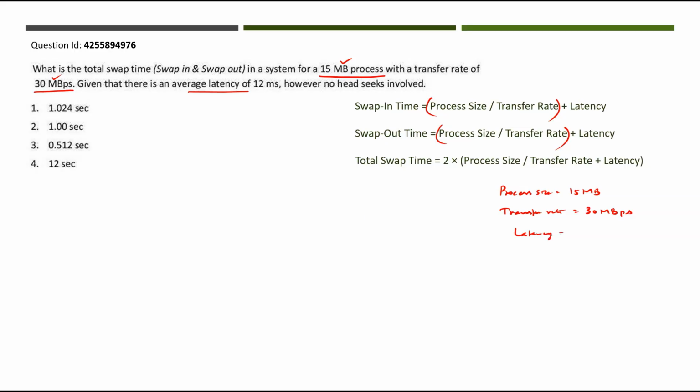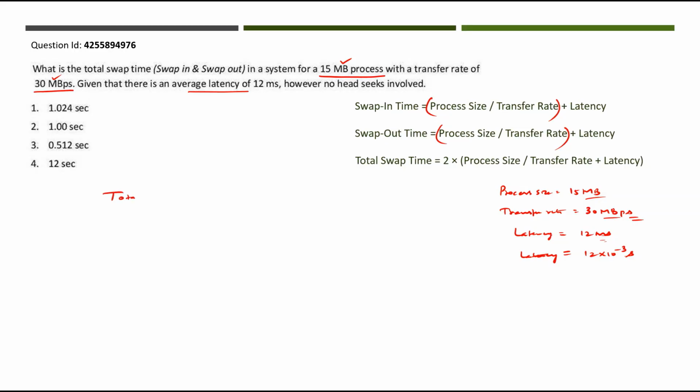So latency will be 12 milliseconds. Since it is in MB and MB, we need not touch it, but here it is per second and here it is milliseconds. So in order to convert this into seconds, latency can be taken as 12 into 10 to the power minus 3 seconds. This will be the latency value to keep it in the same unit.